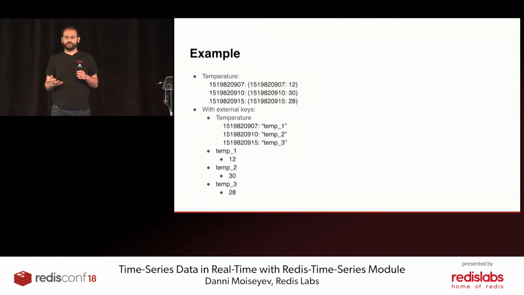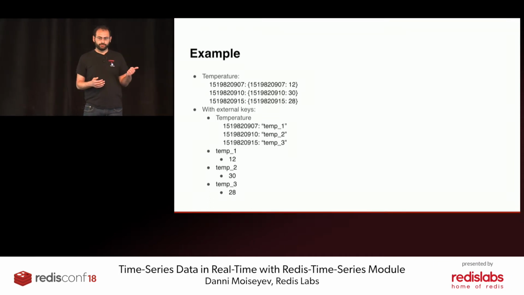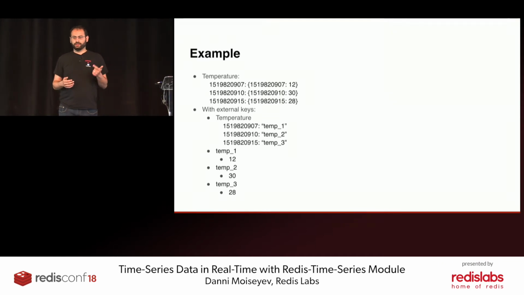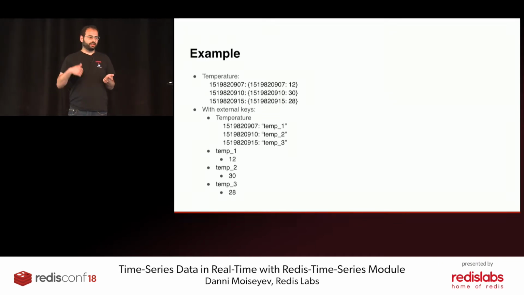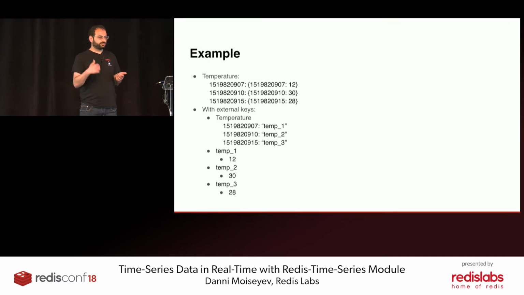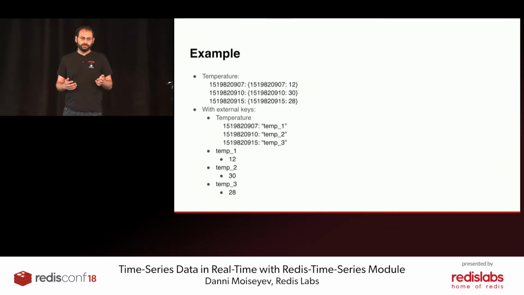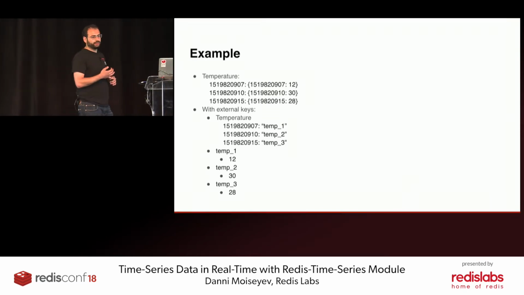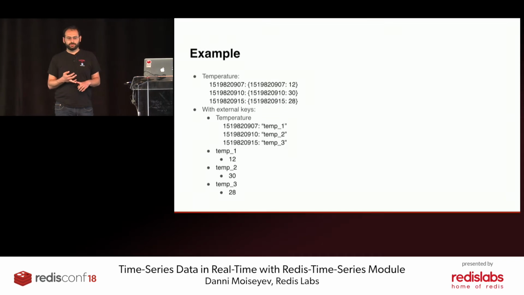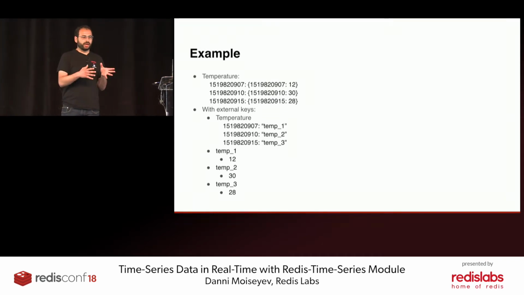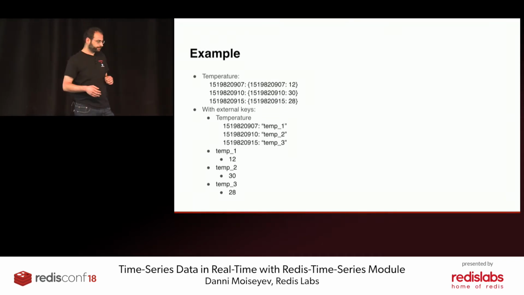But if you want to query the data, you still need to do a ZRANGE query on the sorted set, and then, once you have all the keys, you need to go again and fetch those keys from Redis. So you have multiple hops between you and Redis. Another option is using Lua scripts, but then you need to maintain and test those Lua scripts, and basically you're tied to writing in Lua.